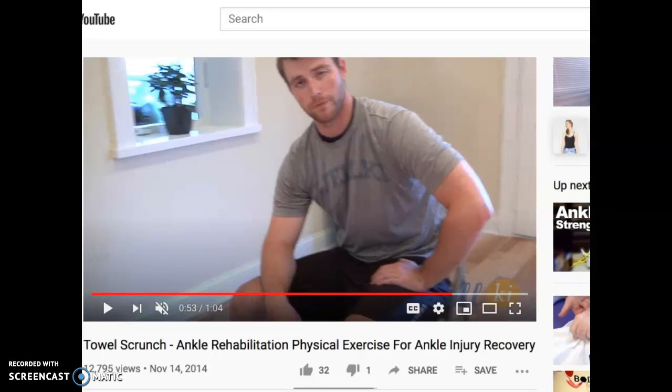And if they can do that, you know, 5 times or 10 times, depending on the size of the towel, then that would make up one set. So that's a really good intrinsic muscle exercise for strengthening in the foot. We use that a lot when both ankle sprains and different foot injuries are rehabilitating and coming back to play.